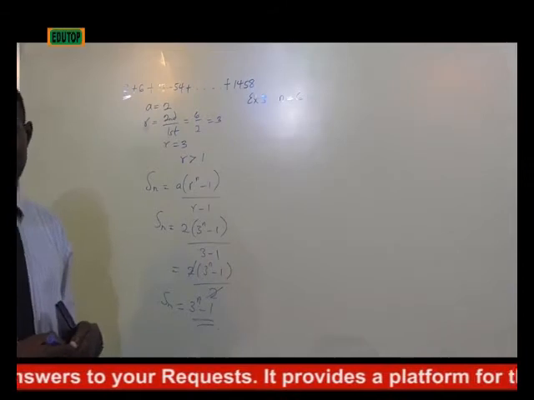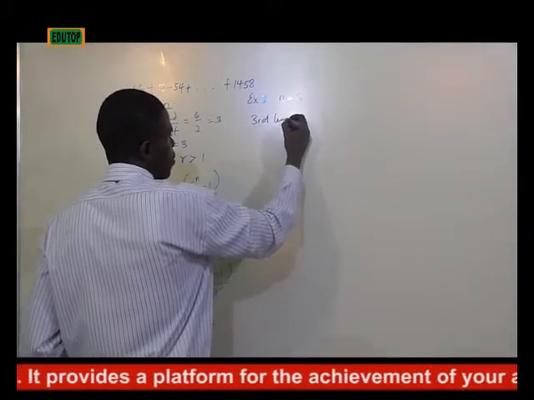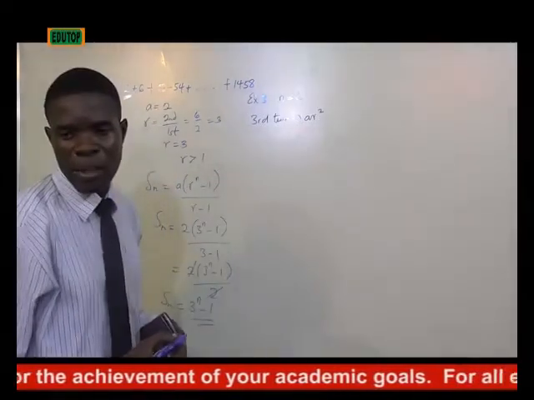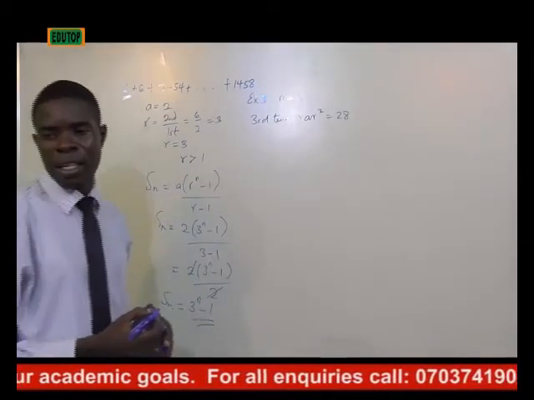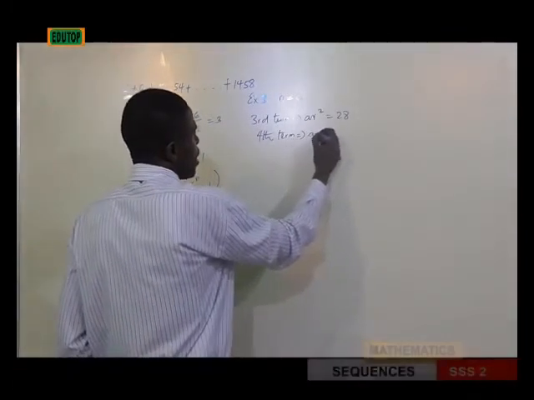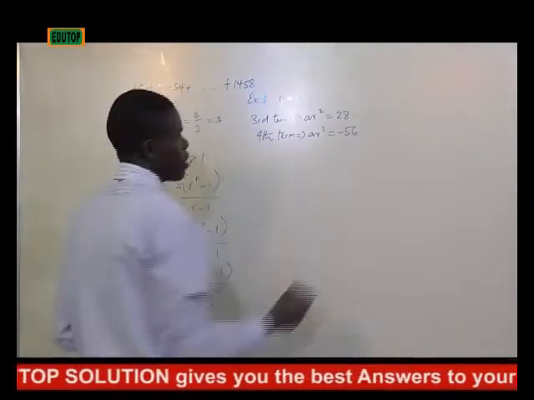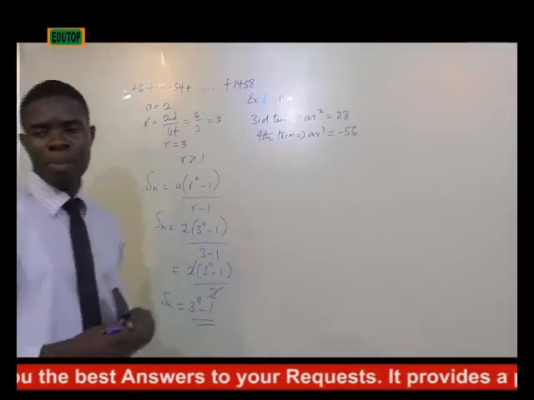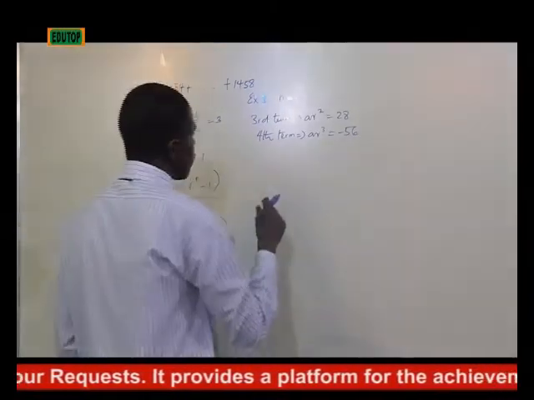If the third term, which has the formula AR squared, is 28, while the fourth term, which has the formula AR cubed, is minus 56. The question asks us to find the first term, and the sum of the GP. So we have to look for the first term.